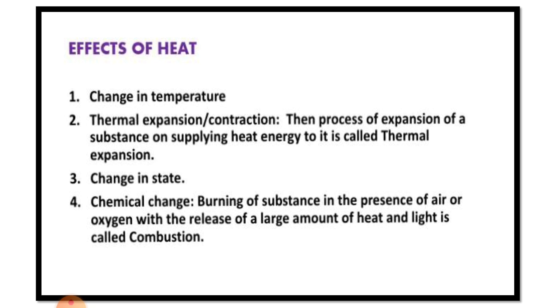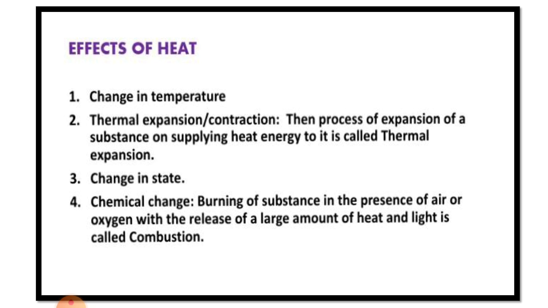We all know that when a substance like wood, charcoal, paper or any fuel is heated in air, it catches fire and starts burning, isn't it? It is because chemical energy is stored in them, so it helps them to burn. What happens while burning? Yes, it releases a large amount of heat and light energy.